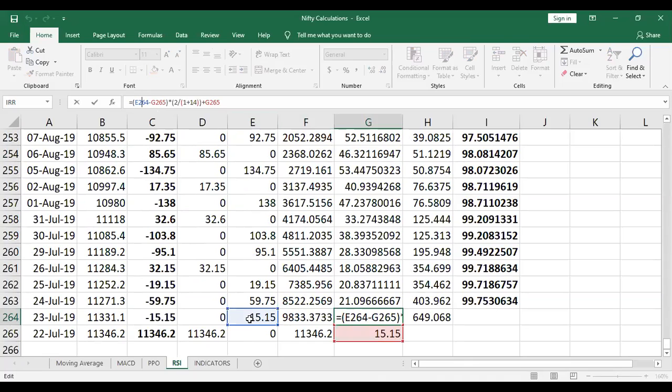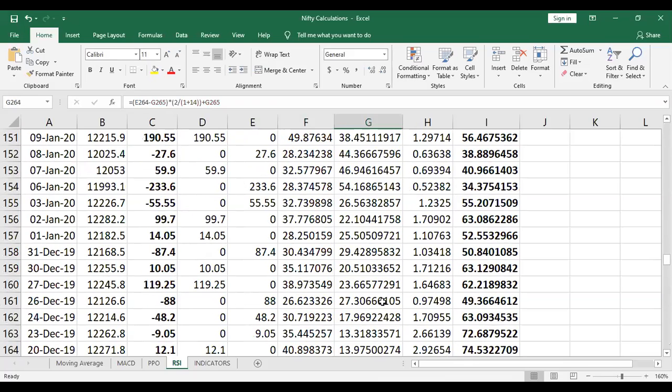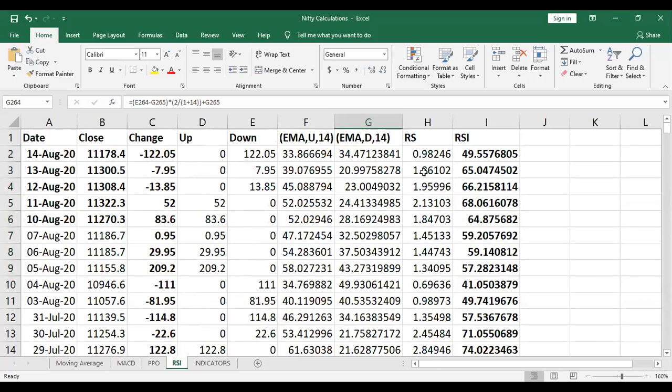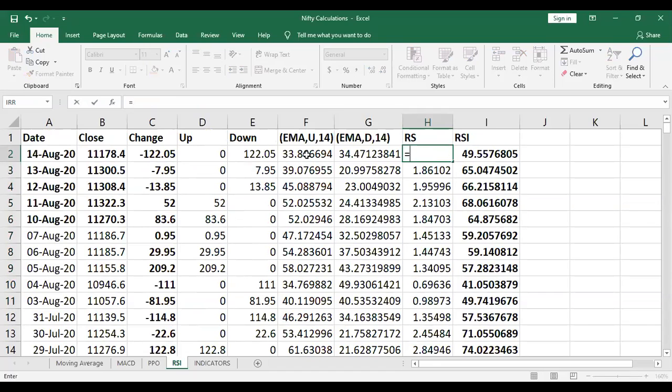I take this number for the upside and this number for the downside, and copy paste the same till today. Now in the RSI, the relative strength is equal to the upward exponential moving average divided by the downward exponential moving average.